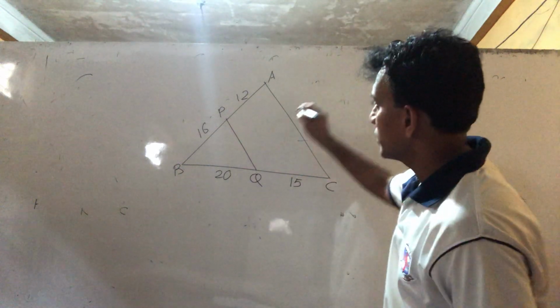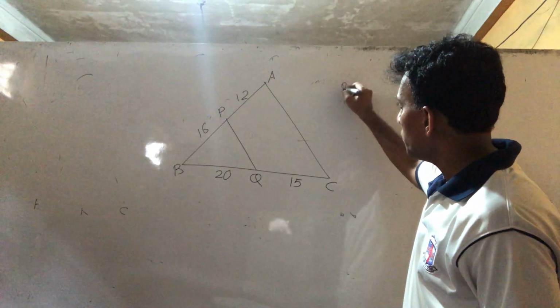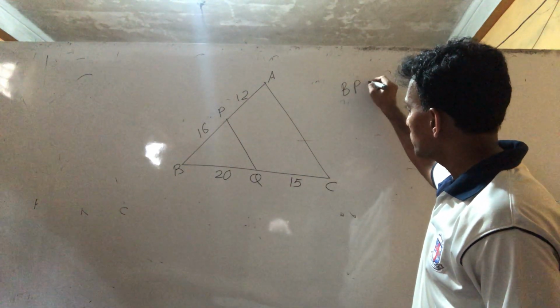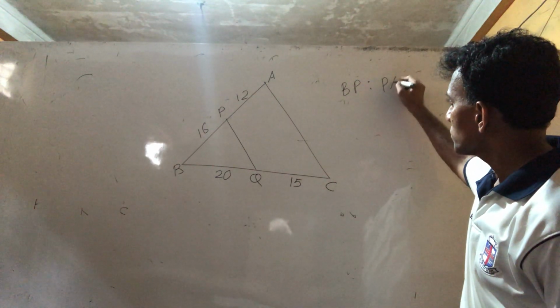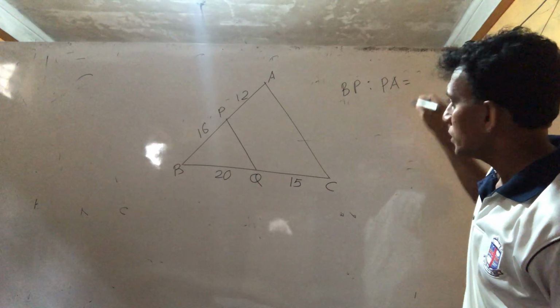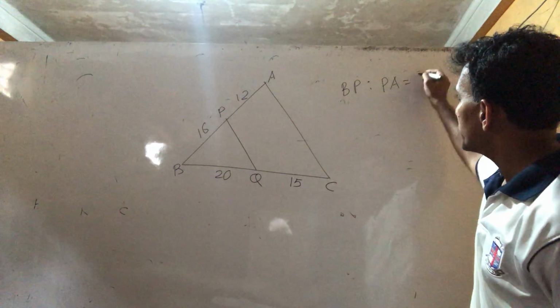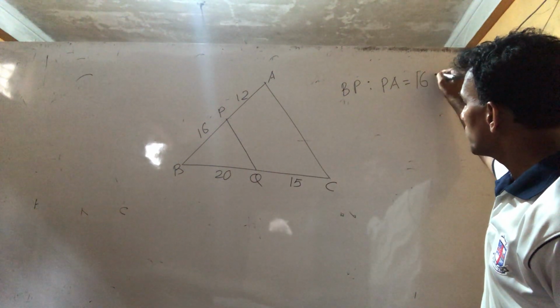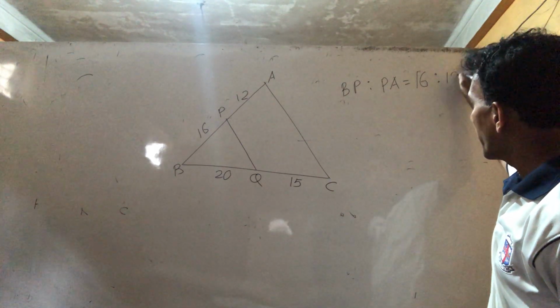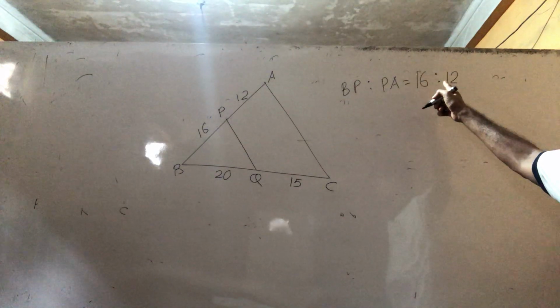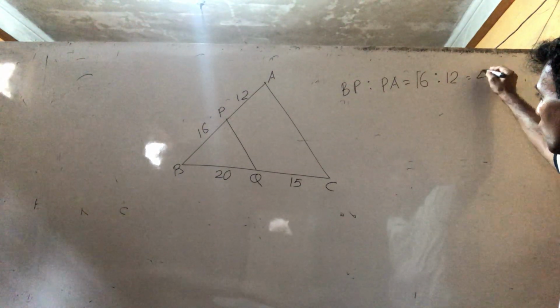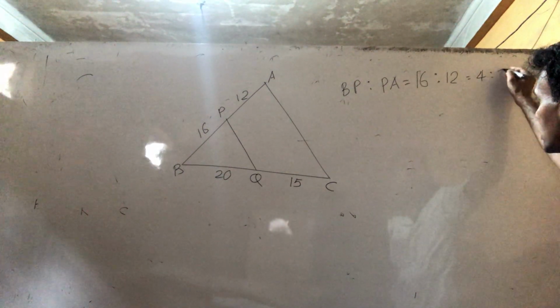Now see that BP is to PA equal to what? BP is 16, PA is 12. I get the simplest ratio by dividing by 4, so 4 is to 3.